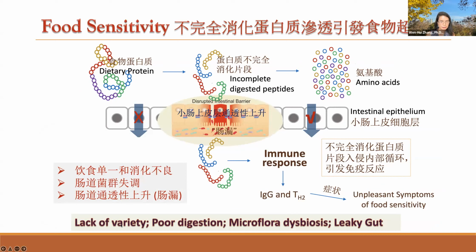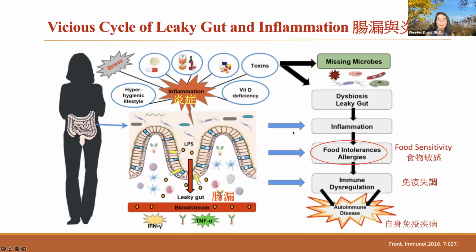So lack of variety in our diet and poor digestion, like due to low stomach acid or insufficient pancreatic digestive enzymes, or it could be due to overgrowth of bacteria, lack of beneficial bacteria. So that's the inflammation, leaky gut.